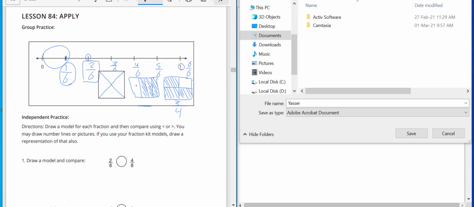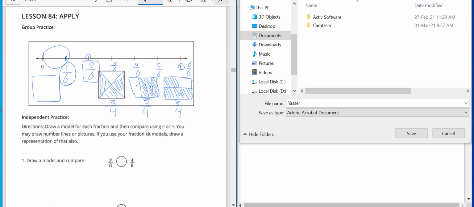This fraction is called 3 fourths. When we shade 3 parts like this, the fraction is called 3 fourths.